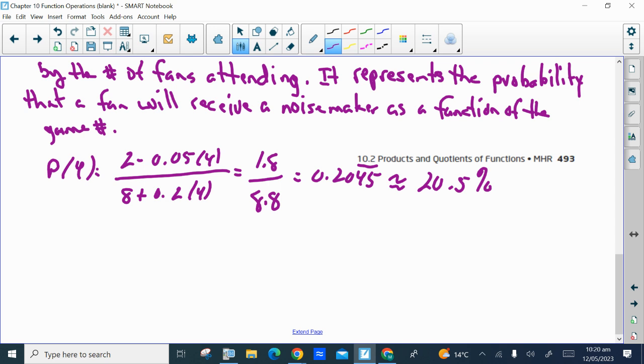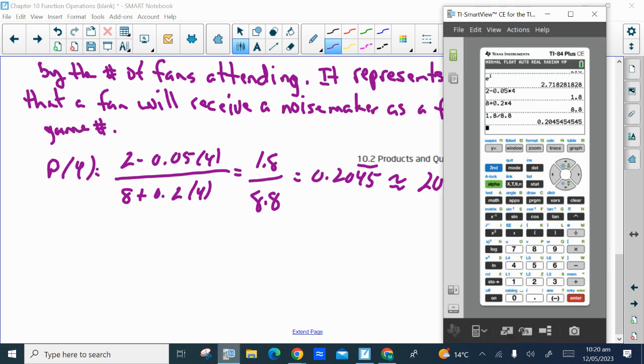Right, and you could look at this in the graphing calculator as well. The numerator in brackets 2 minus 0.05x, close the bracket, divided by in brackets 8 plus 0.2 times x, close that bracket, zoom 0 again. And so we can see by this graph that the probability is the greatest at the start.